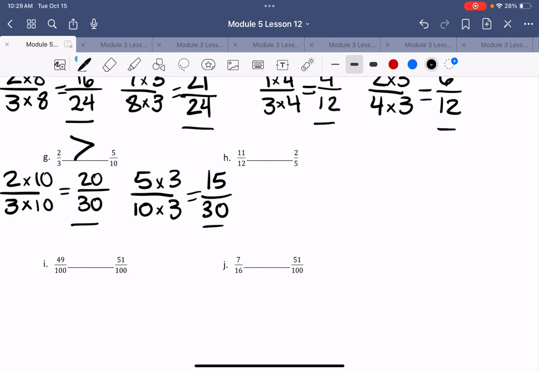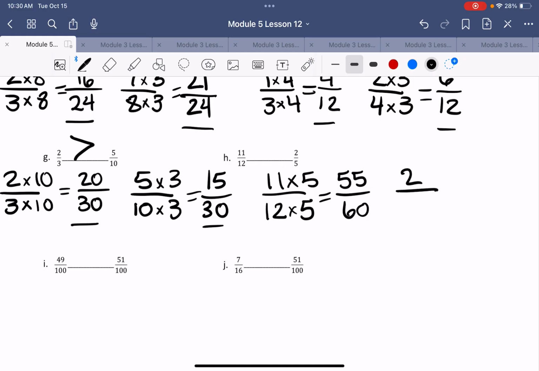So now, we have 11/12, and we're going to times it by the opposite denominator, which is 5. And we get 55/60. Now we take 2/5 times it by the opposite denominator, which is 12.